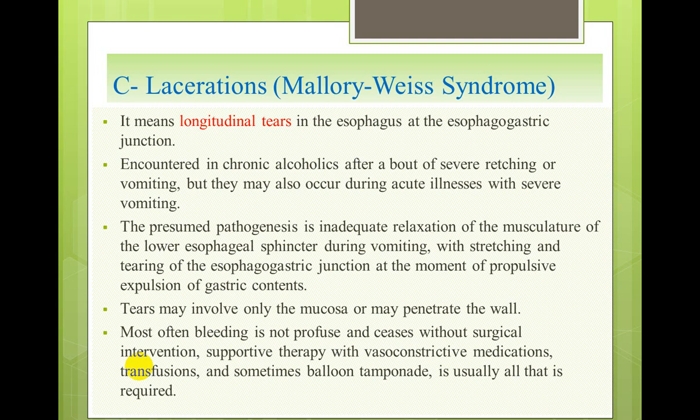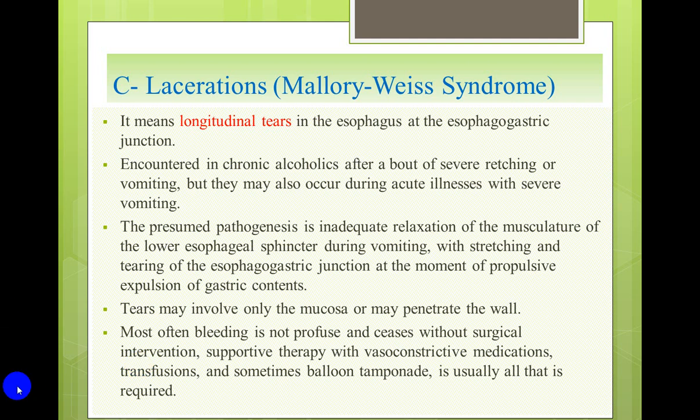If there is asynchronization between the contraction of the gastric muscle and the relaxation of the lower esophageal sphincter, it will result in rupture or longitudinal tearing in the gastroesophageal junction site.